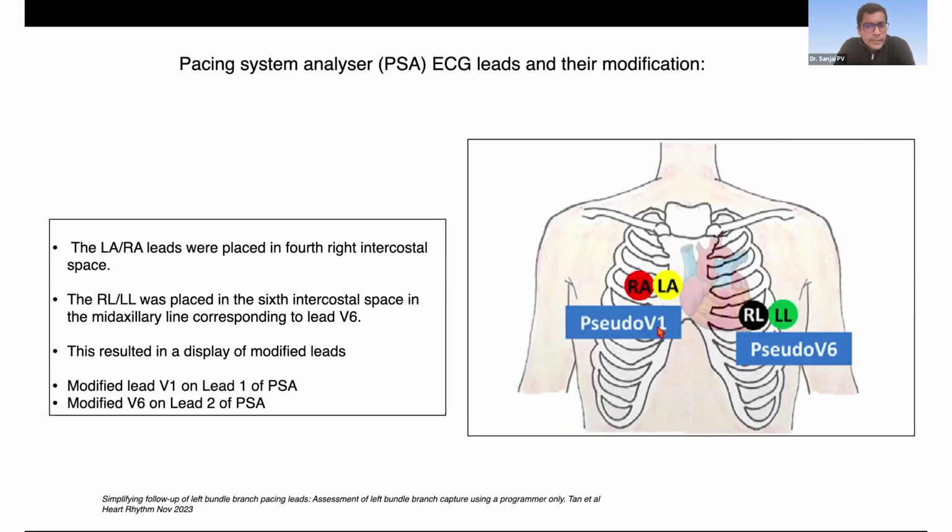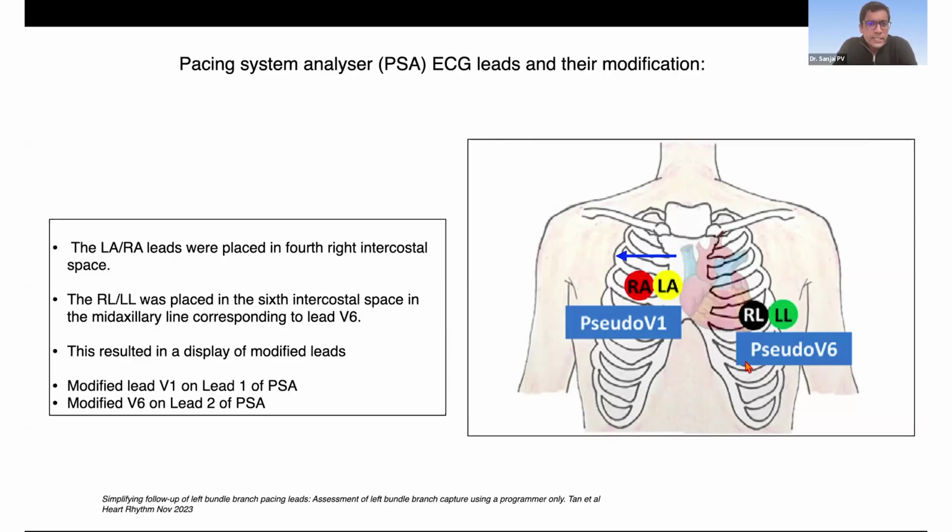So we wanted, as Dr. Shanmuga clearly mentioned, you need a V1 and you need a V6 to measure the LVAT. V1 to see the transition where you're going from a left bundle branch block pattern to a right bundle branch capture pattern. So what we did was we placed the left arm and the right arm electrode in the right fourth intercostal space, and we placed the right lower limb and the left lower limb in the left sixth intercostal space.